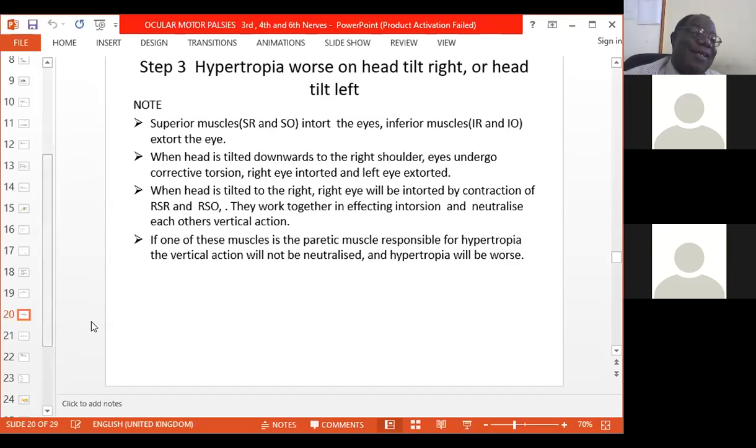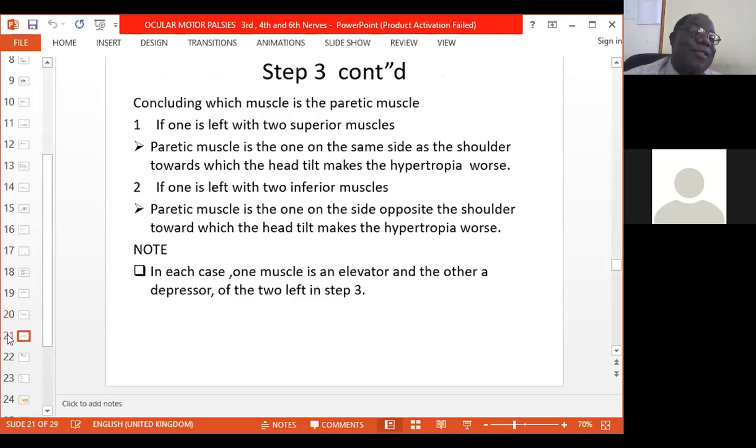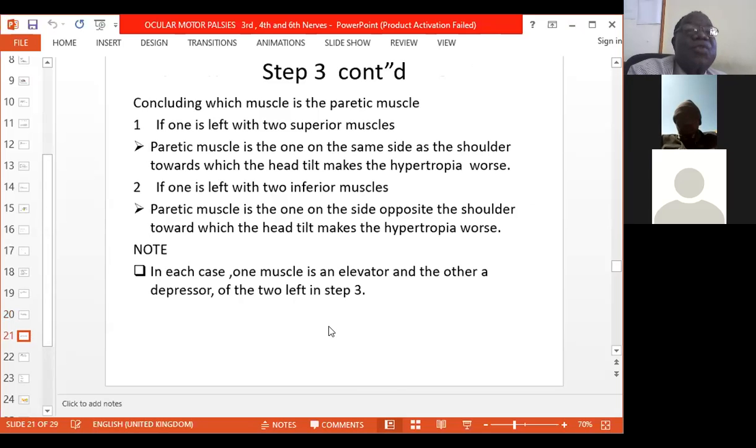This is better. Concluding which muscle is the paretic muscle. If one is left with the 2 superior muscles, the paretic muscle is the one on the same side as the shoulder towards which the head tilt makes the hypertropia worse.